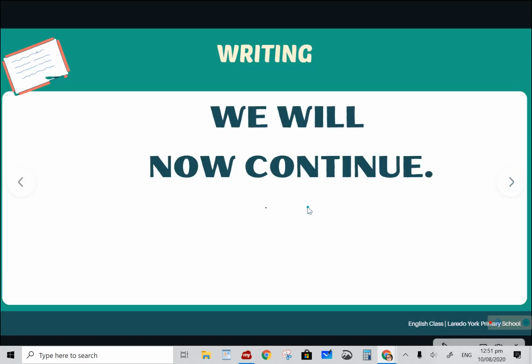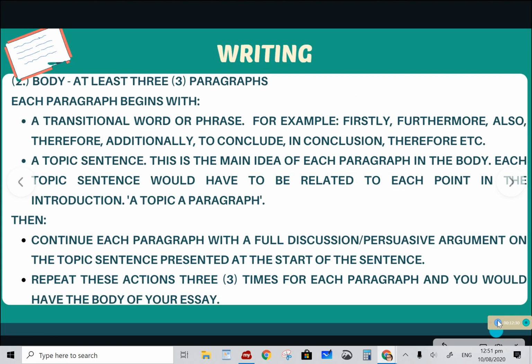Okay, so we will continue now. So we will now move on to the body of the essay. The body must have at least 3 paragraphs. So if you think about from the beginning of the discussion of how to write an essay, from the planning stage to now, we keep mentioning 3. In your planning, you must come up with 3 arguments.